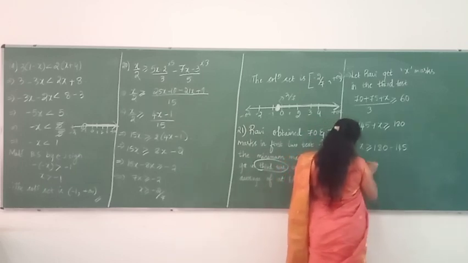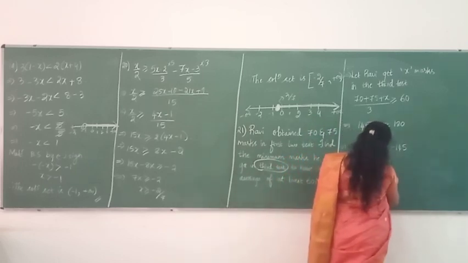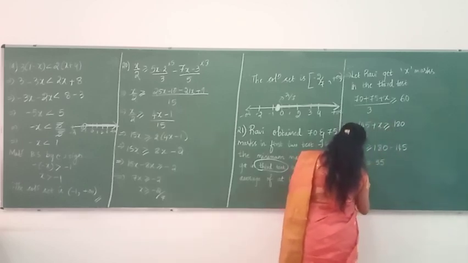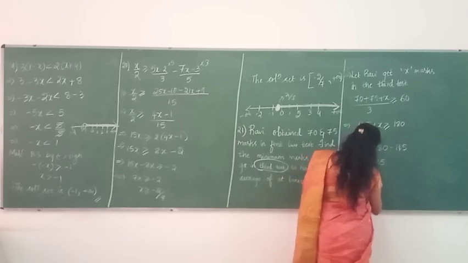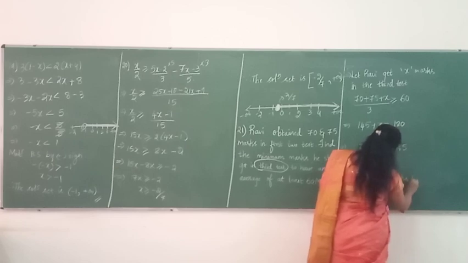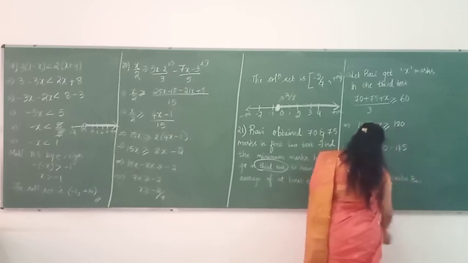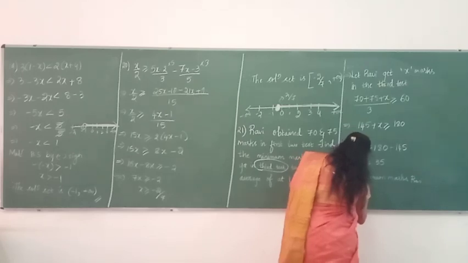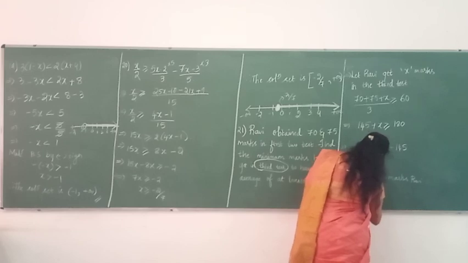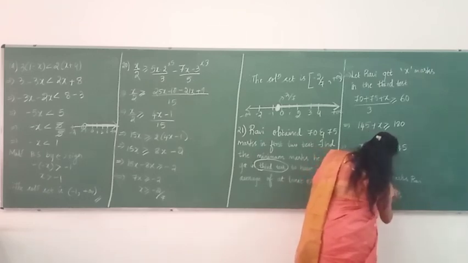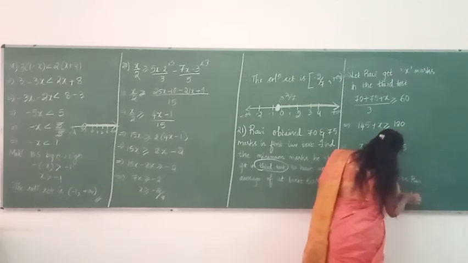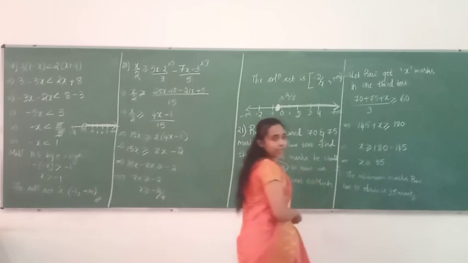X is greater than or equal to 35. He might get 35 or he might get even more than 35.